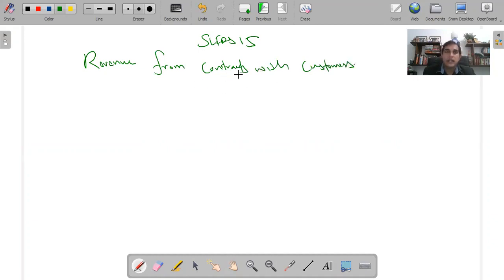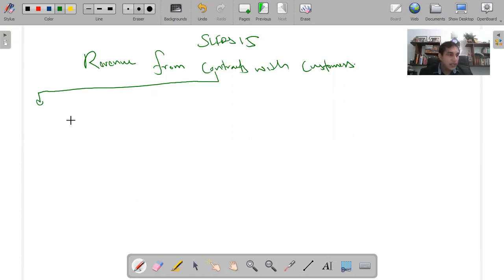First, you should know that this is a newly introduced standard. There were a few standards that we were using before introducing SLFRS 15. So I would like to highlight the list of standards which were replaced by SLFRS 15. Let me list down the standards which were replaced.